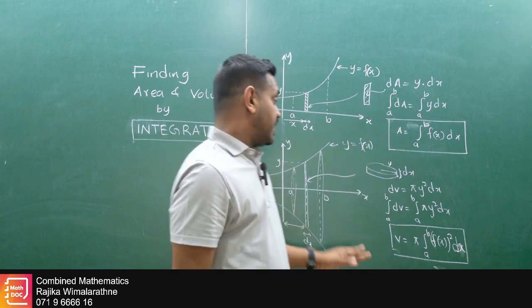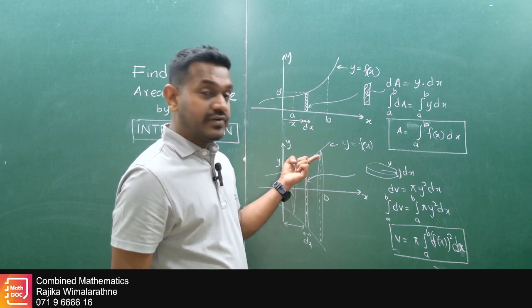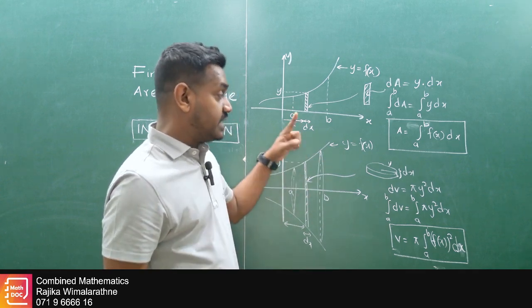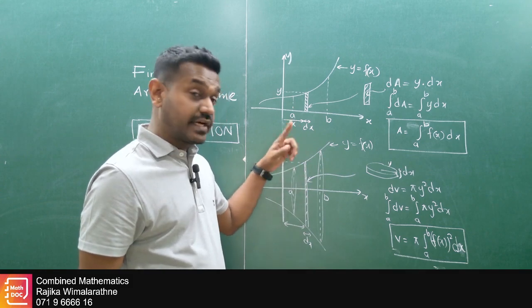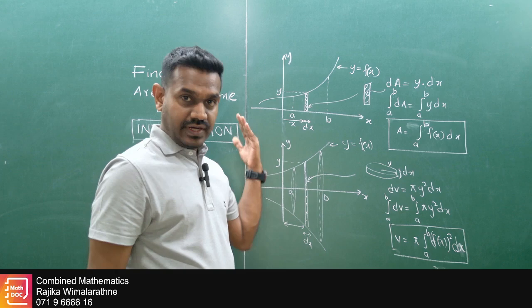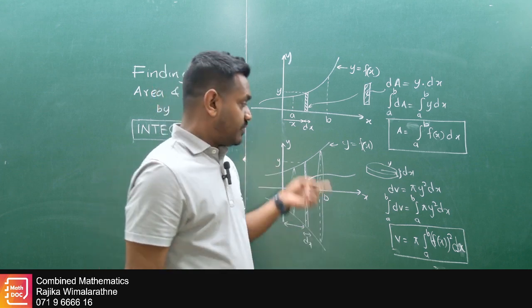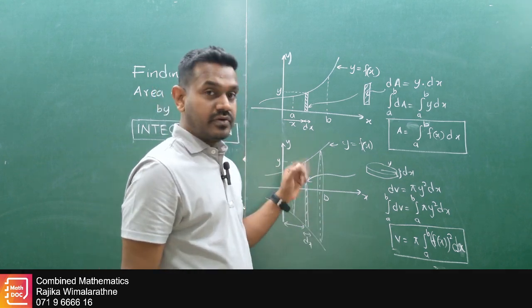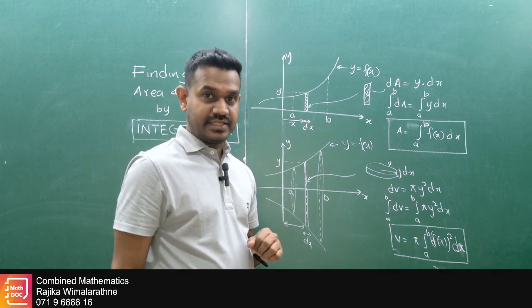Okay. Then consider this y equals f(x) function going to rotate about the x-axis. We can also rotate that one about the y-axis as well, but anyway, I'm going to consider rotating about the x-axis.